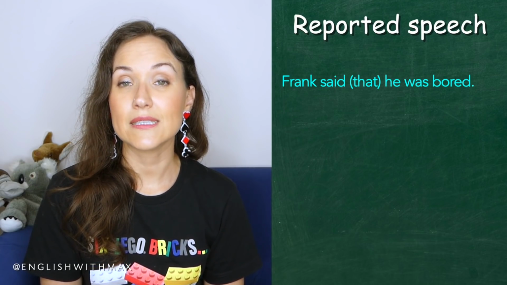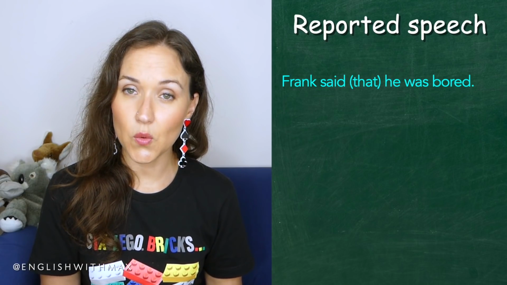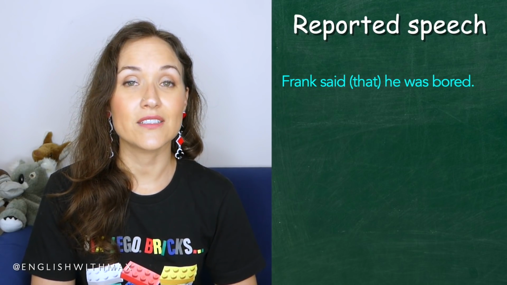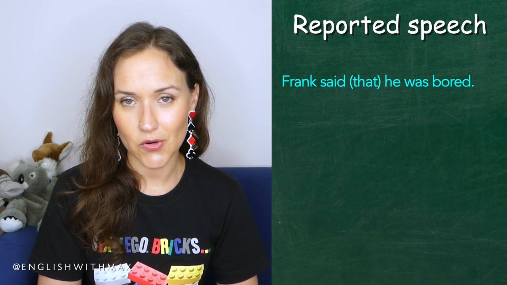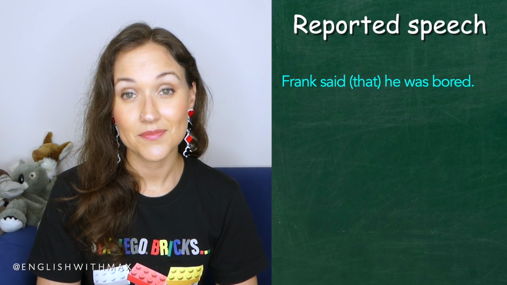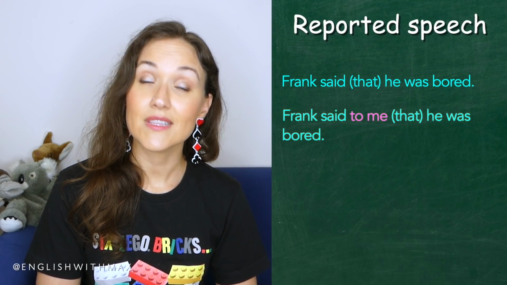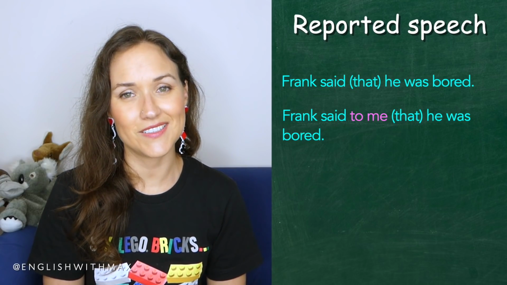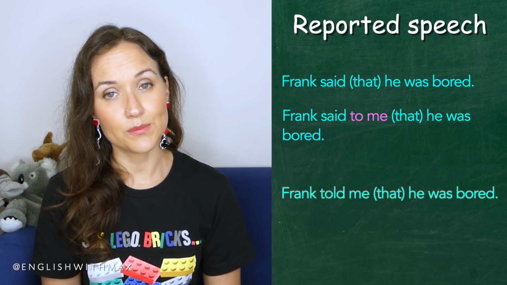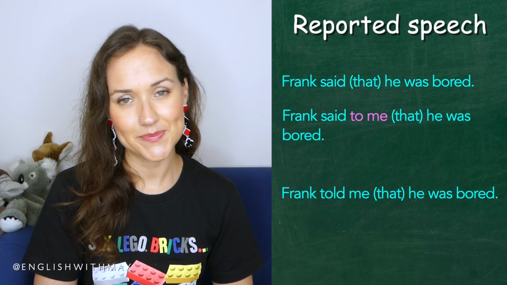If you want to make it clear who the information is for, again, you need to add to plus a noun or object pronoun. Frank said to me that he was bored. If you use tell, the sentence is, Frank told me that he was bored.